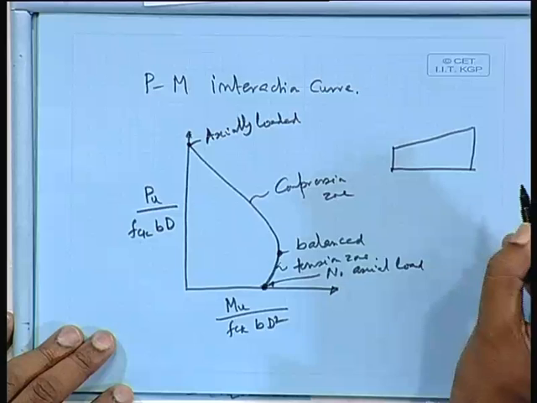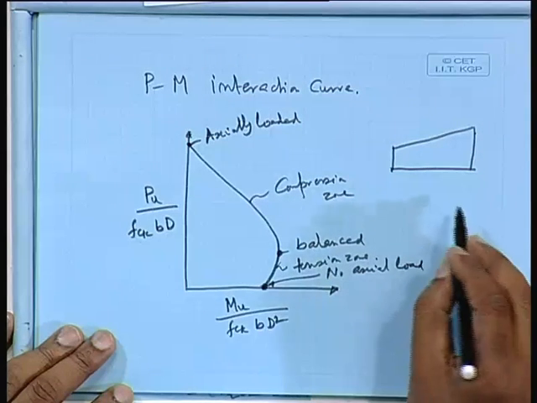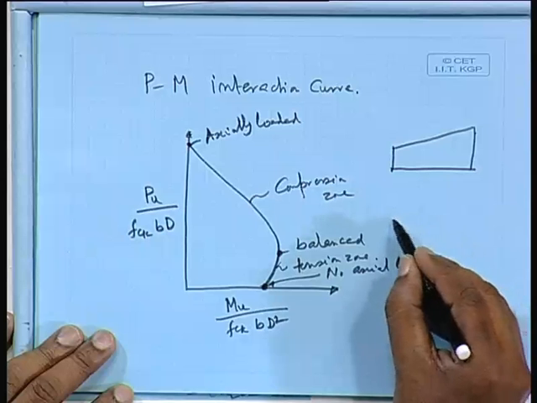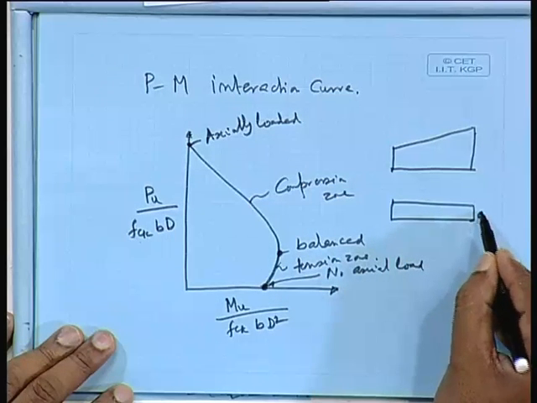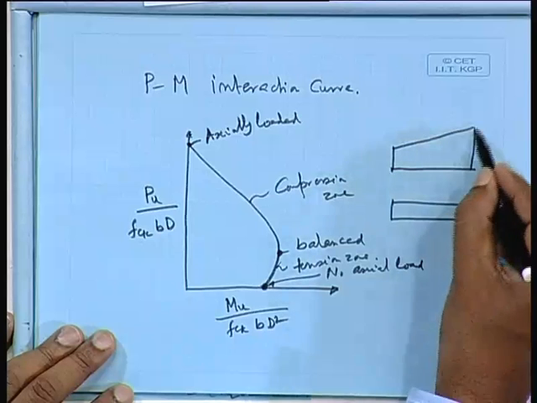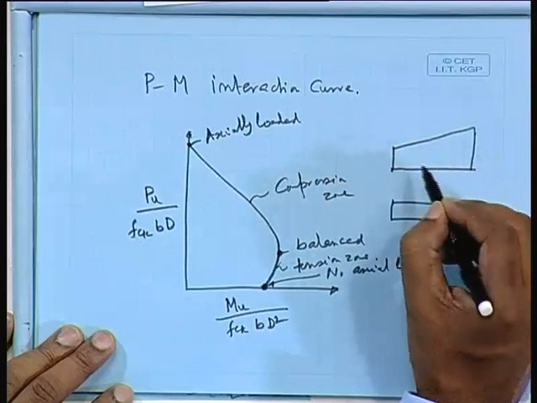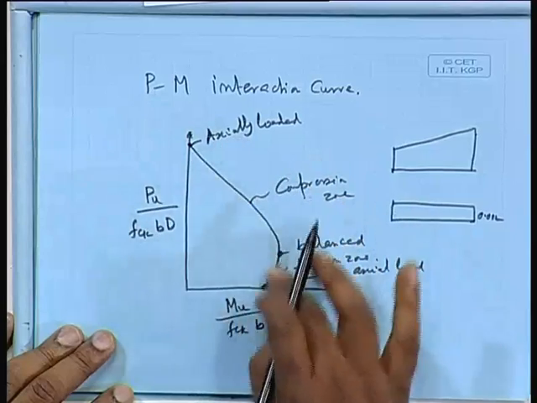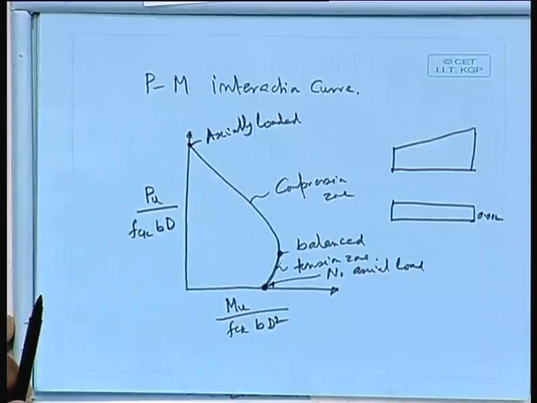We start somewhere here, 0.002 is the strain, then somewhere you get 0.0035 minus 3/4 of this side. So, like that it will go. So, this is your interaction curve. SP 16 provides you these many curves.